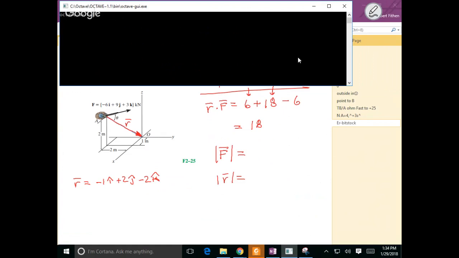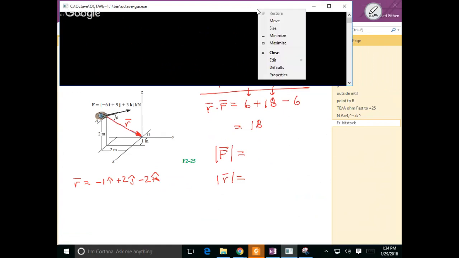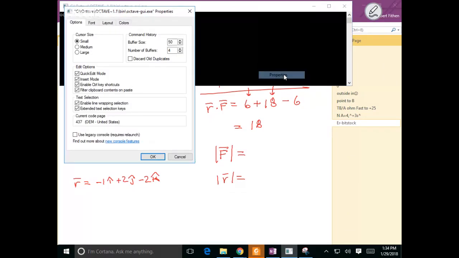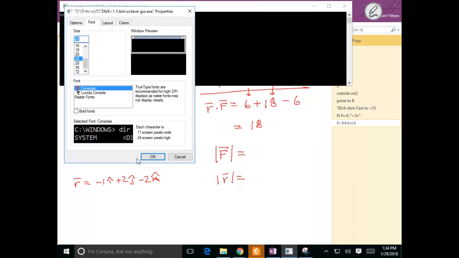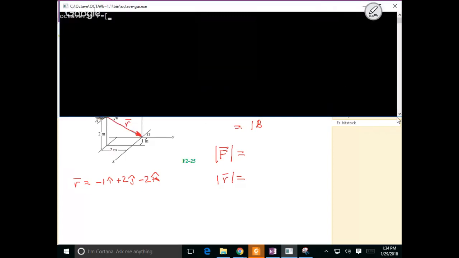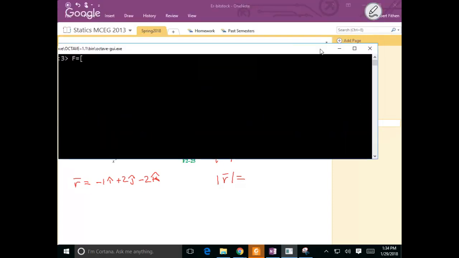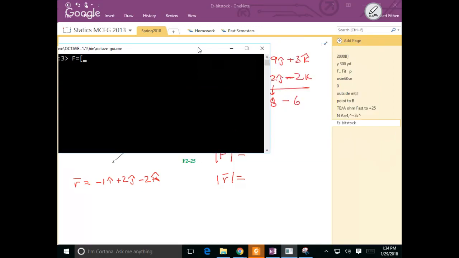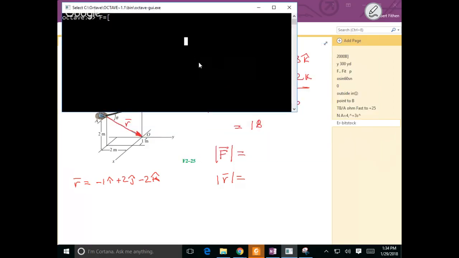I think I've done it before. Can you even see that? I don't know how to make the defaults. Properties, font. How about 24? Is that a little easier to read? I really don't need a lot of length. How about that? Is that easier to see?